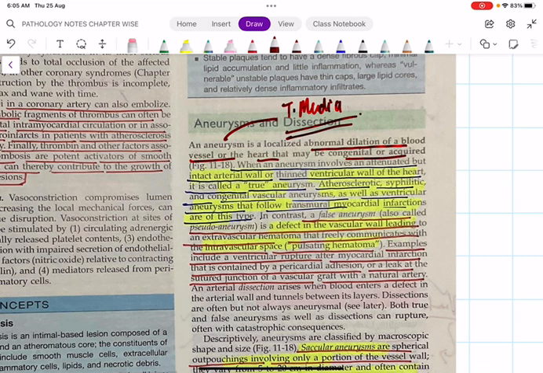Okay, that is why, since there is a communication between the intravascular and the extravascular compartment, wherever in our body, there will always be transmission of pulsation from the intravascular compartment to the extravascular compartment, and that is the reason why this aneurysm is also called as a pulsating hematoma.